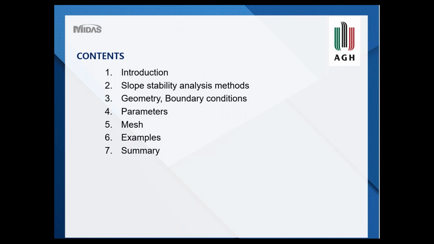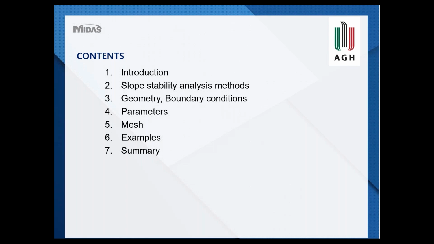First will be a short introduction about my company, my university. Second, words about slope stability analysis methods. Then we go to building geometry and boundary conditions. Next, we will say about parameters in a short way.